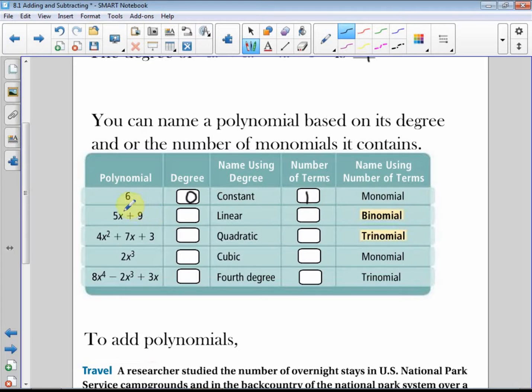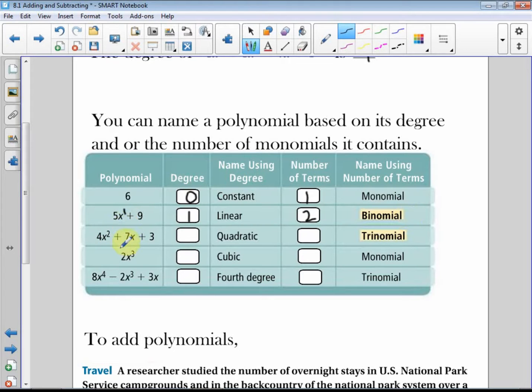There's none here, and we assume that this is 1. We don't really assume, we just know it because we are awesome, smart mathematicians. So the degree is 1. It is linear, as you notice. It looks like it's in slope-intercept form, y equals mx plus b. We'll save that for a rainy day. Number of terms, there are 2 terms. So its specific name is a binomial.